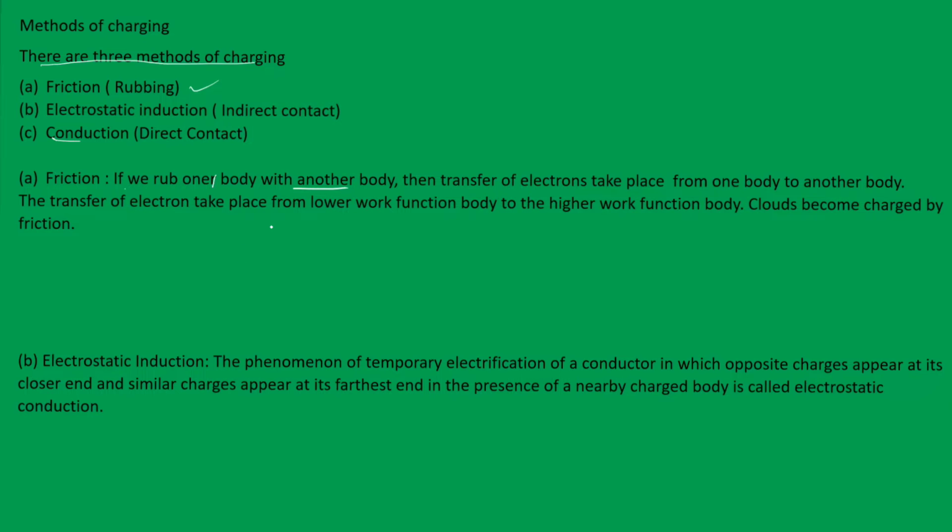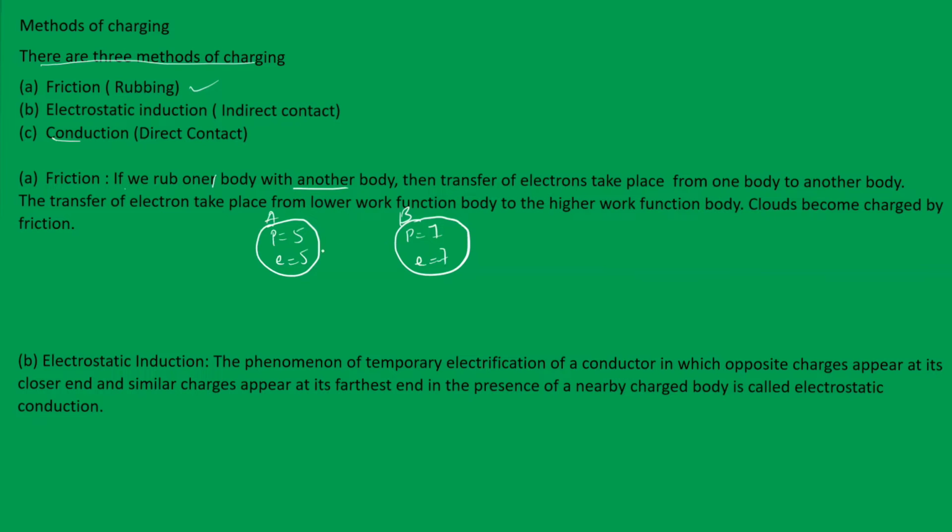Now to understand, suppose you are having a body A, and this is a body B. You know for a neutral body, the number of protons is equal to the number of electrons. If I say here proton number is 5 and electron number is also 5, and in body B, proton number is 7 and electron number is also 7.